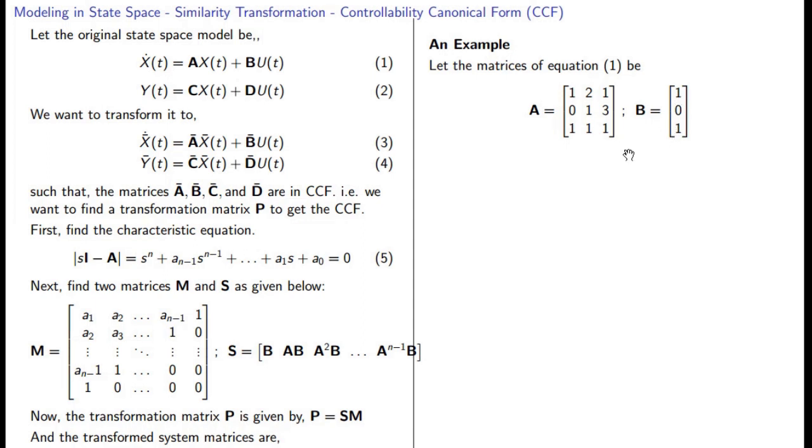The point is we need to convert this model to the CCF. The matrices have to be transformed to controllability canonical form, and the first step is to find out the characteristic equation.